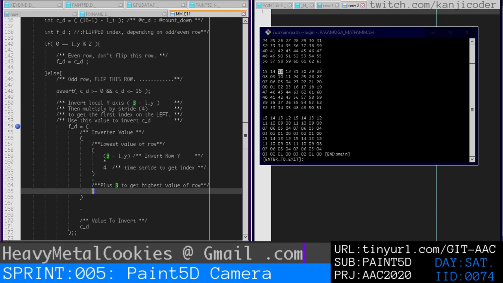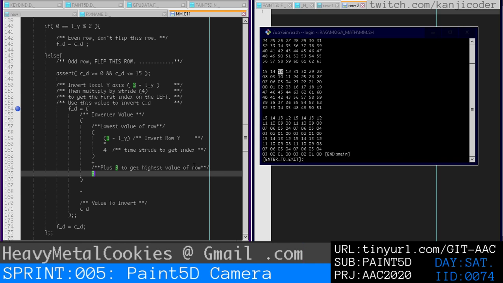Our math is wrong. We got too many transformations piled on top of each other.